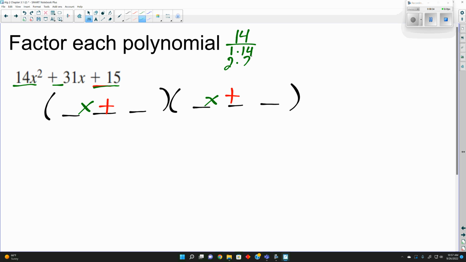Which one do we want to try first? 1 and 14, so we can put 1 and 14. The factors of 15 are 1 and 15, or 3 and 5.